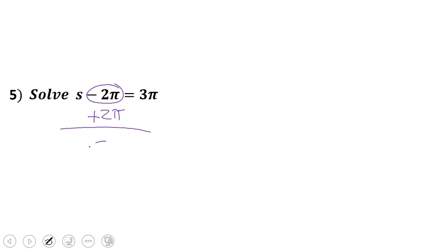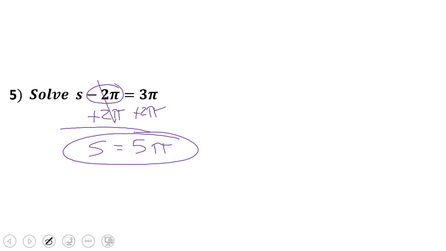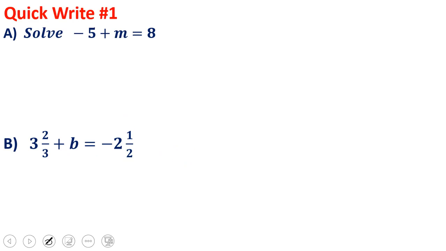So that gives me s, because this right here goes away to 0, and the identity property says s plus 0 is s. I know to keep the equation balanced, I have to add 2 pi to the other side. Well, 2 pi happens to be the same exact term as 3 pi, so if I have 2 pi plus 3 pi, I get 5 pi. And I'm done. Ladies and gentlemen, that's the end of our first video.